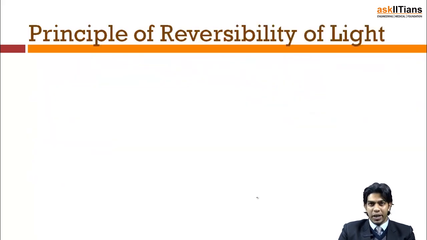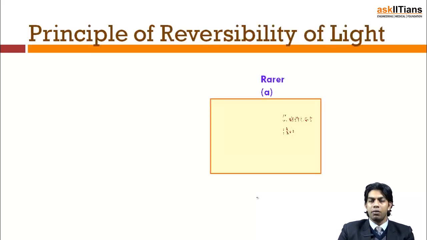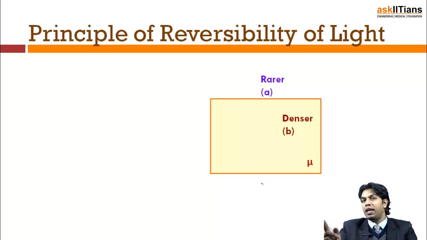Principle of reversibility of light. Now, reversibility of light means I came in through a particular way, I got out in exactly the same fashion, right? So let's say I enter into a particular room, all guns blazing, firing at this guy, that guy.